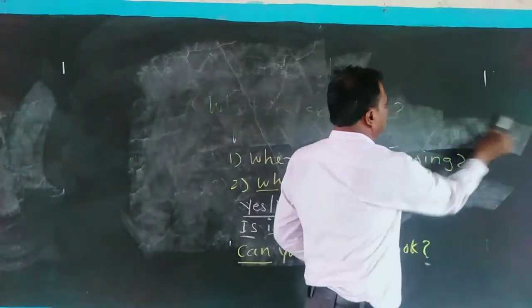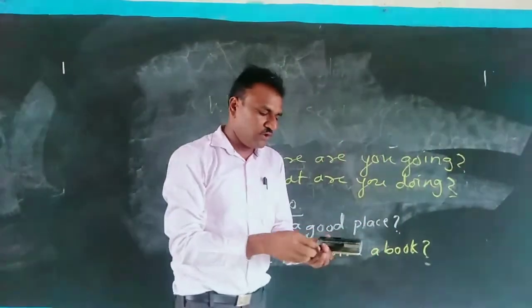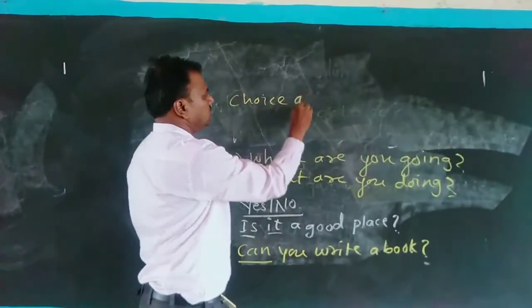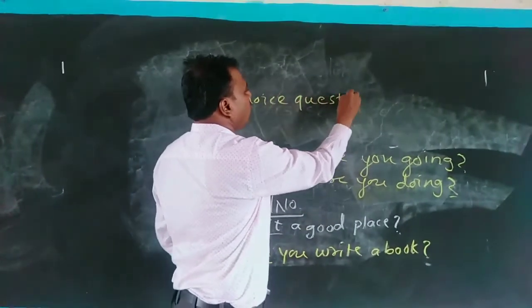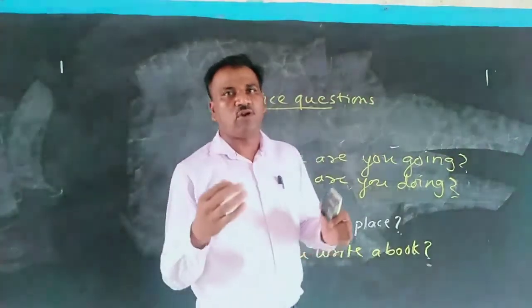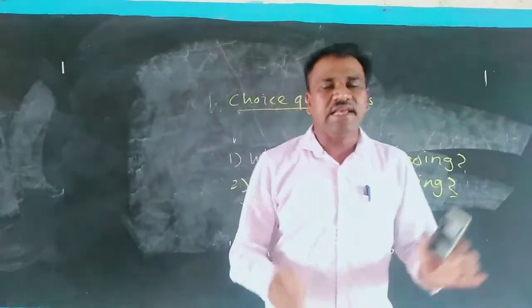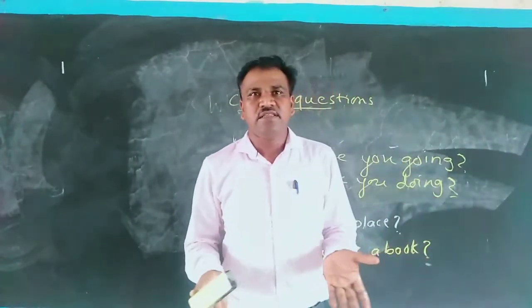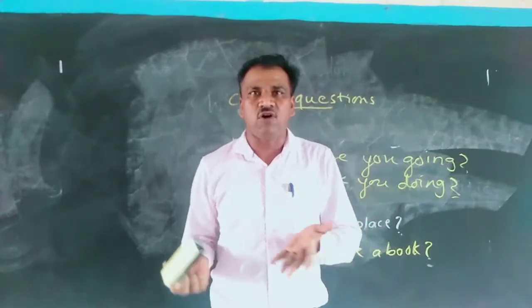And the third type of interrogative sentence is choice questions. Here you are going to give a choice to the person who is in front of you. If any guest came to your house, then you ask your guest, do you want tea or coffee?